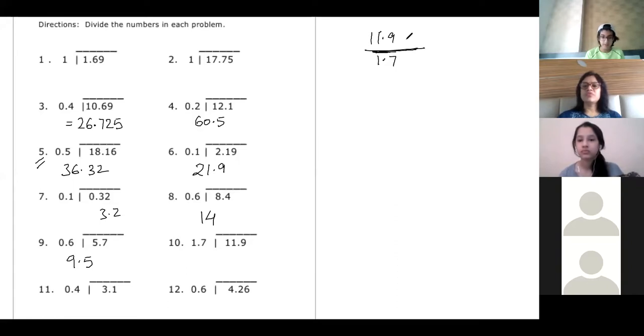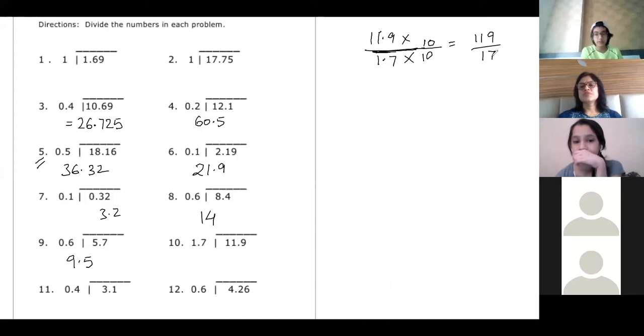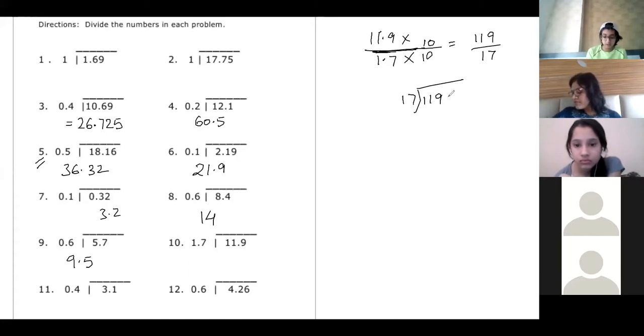Now what will we do? Ma'am, we will multiply it with 10 and it will become 119 upon 17. Then how many times will it go? We will divide it. 119 divided by 17.